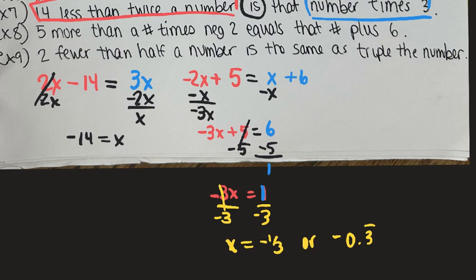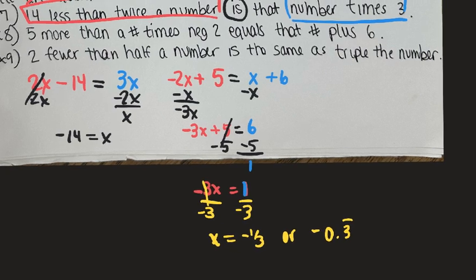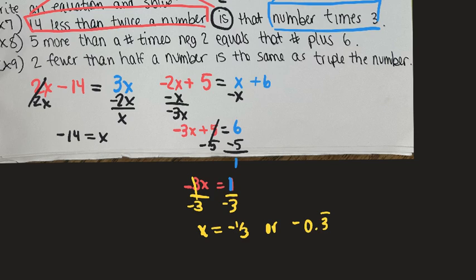All right, example 9 is going to be tough to type in, so let's just do it together. 2 fewer than half a number. 2 fewer than, I could either say half a number, or I could say number divided by 2. When you cut something in half, you're dividing by 2.